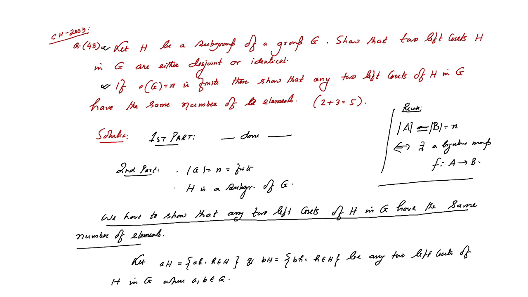After that, we can conclude. We can define a map which is bijective from aH to bH, and from that we can conclude aH and bH have the same cardinality.